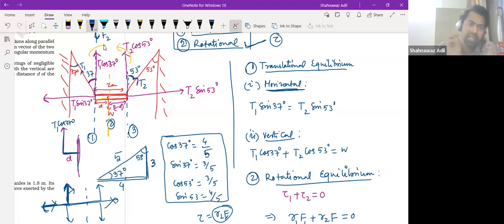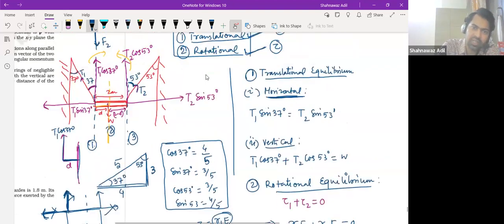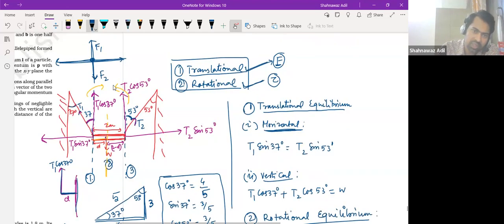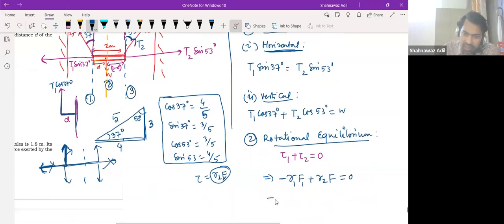Negative, right? Using the right hand rule, that would be good. So that is minus. And for the case of this one, what would be the sign? Plus, right? Good.